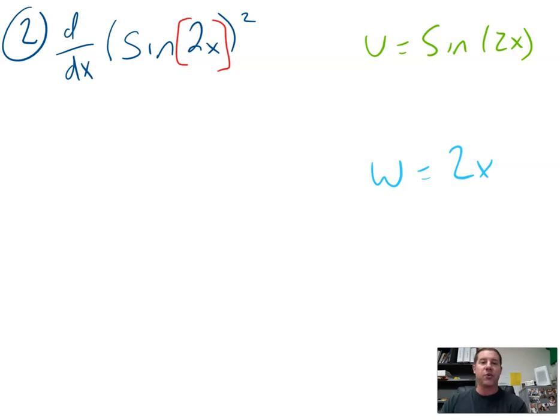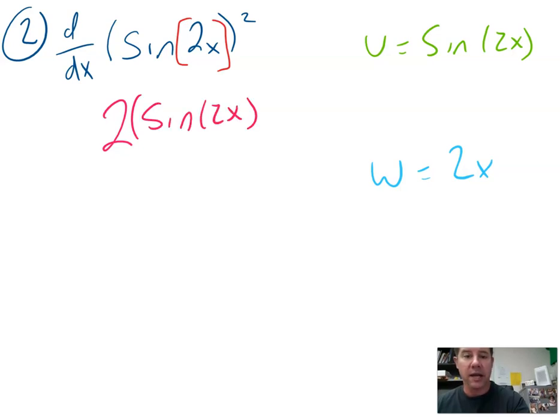So now when I go to take the derivative of this function, again, I have to start with the outside function. So the outside would be this u squared if I rewrote it, right? So the derivative of u squared would be 2u, where u again is sine 2x to the first power, right? Then I need to multiply this by u prime. So I'm going to come over here and find u prime. U prime, the derivative of the outside function here now, is cosine of 2x.